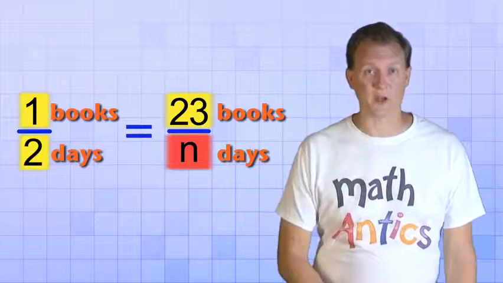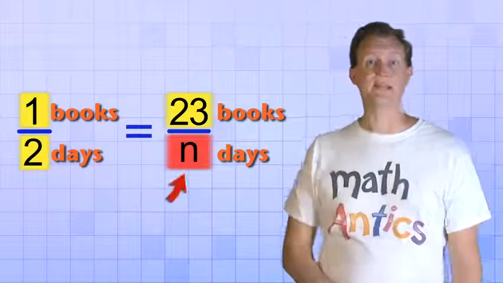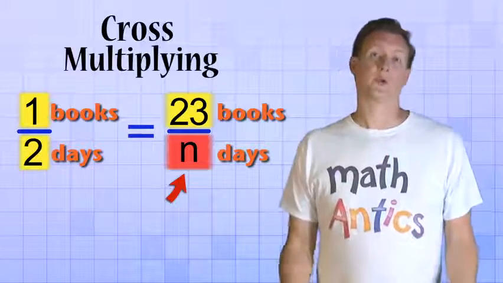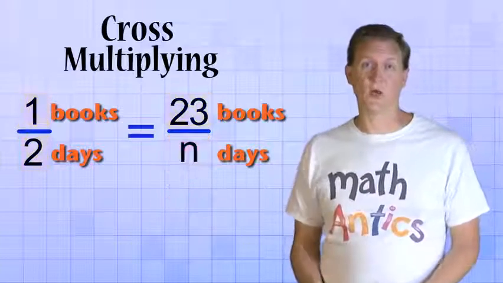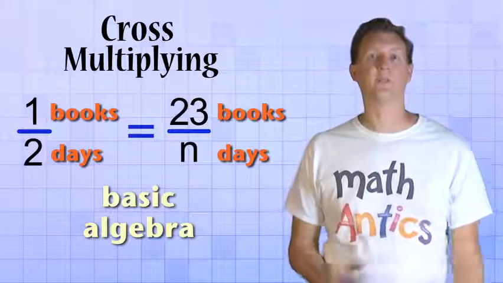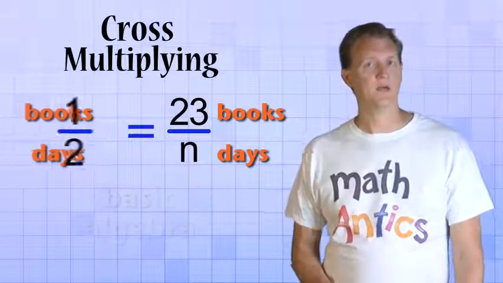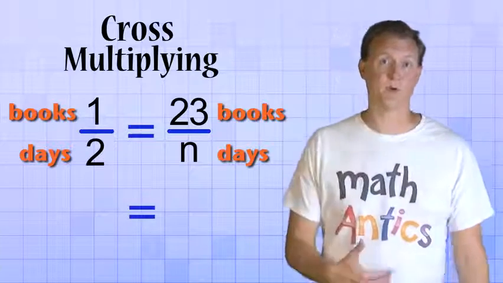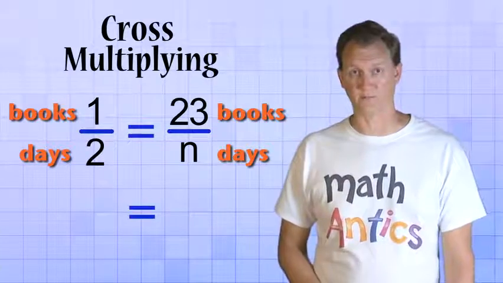Fortunately, if you know 3 of the numbers, you can find the missing number easily using a procedure called cross-multiplying. Cross-multiplying is just a shortcut way of doing some basic algebra to rearrange our proportion so we can find the unknown number. To do it, we first start by writing down a new equal sign because cross-multiplying will give us another equation.